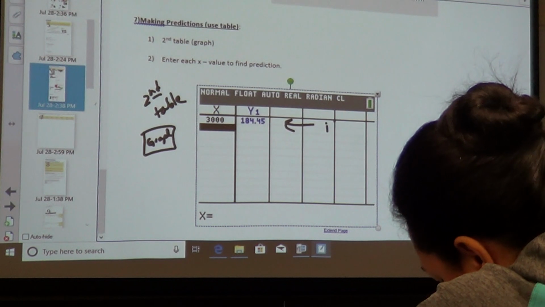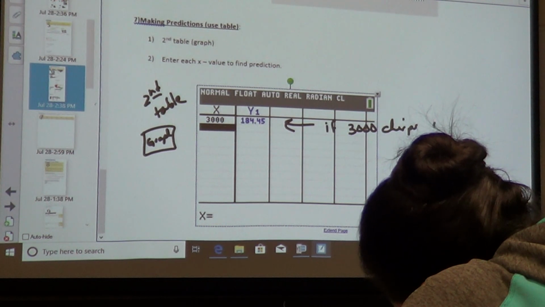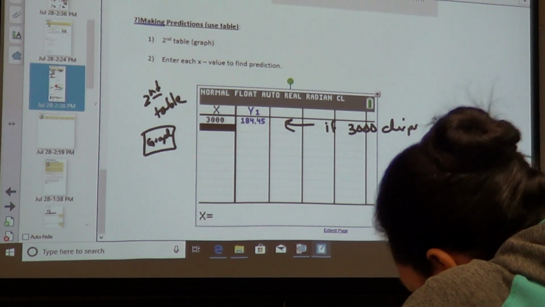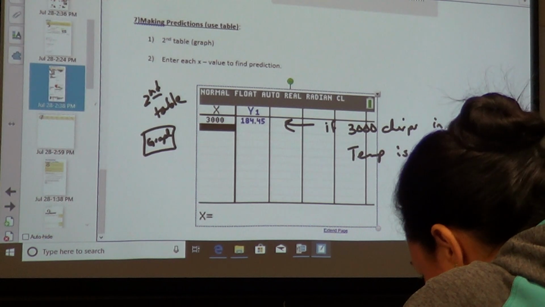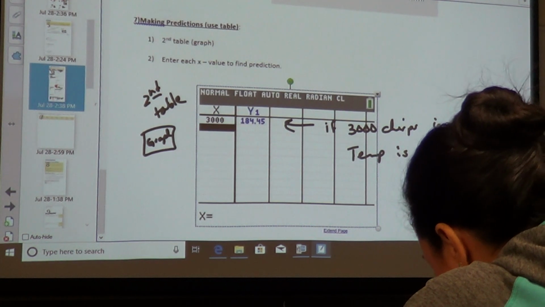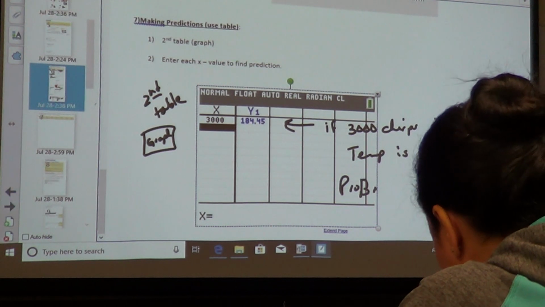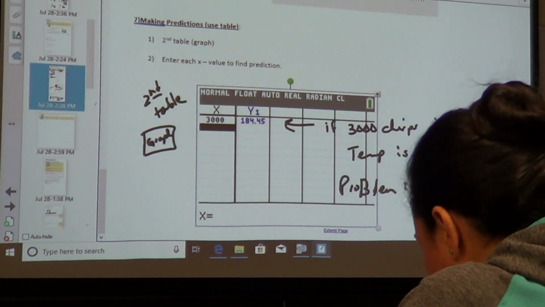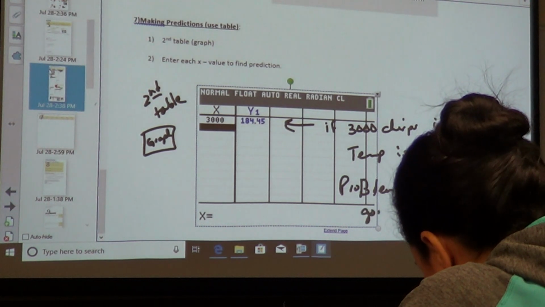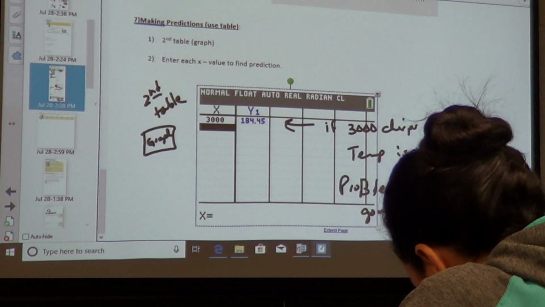This is saying if 3,000 chirps in 1 minute, the temperature is 184.45 degrees. That cricket would be big. The problem is, it is not going to be that hot. Or the cricket would be dead.